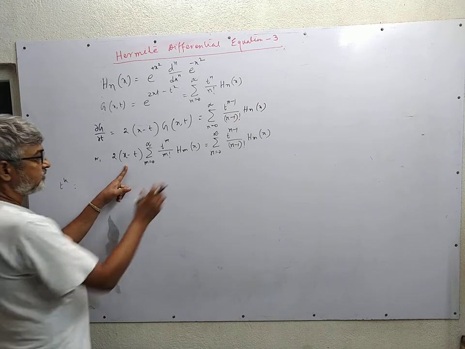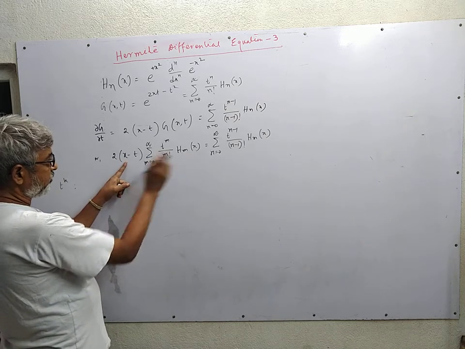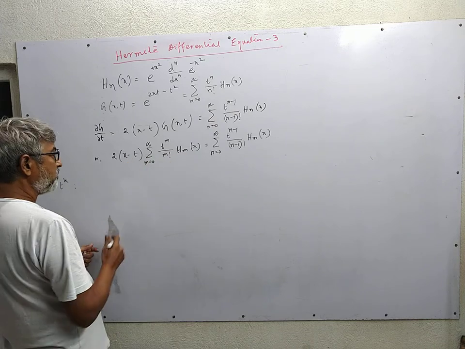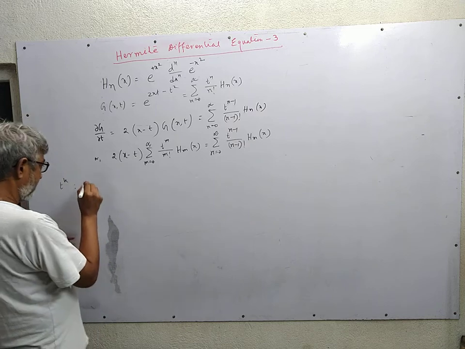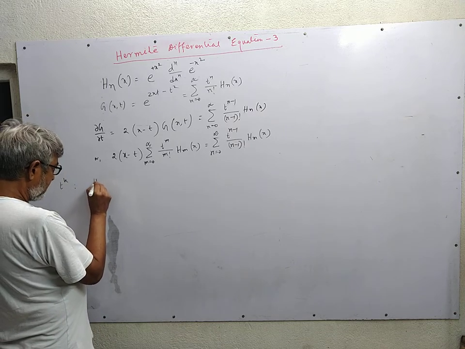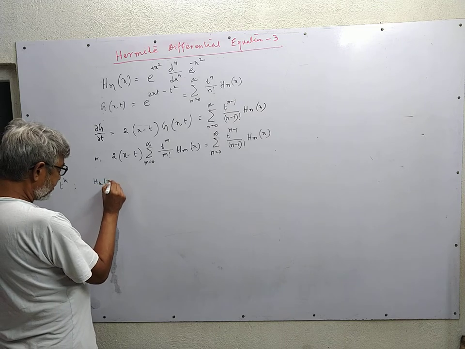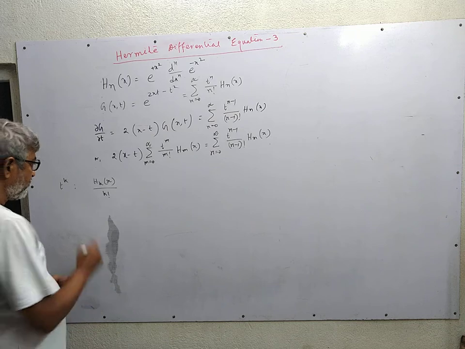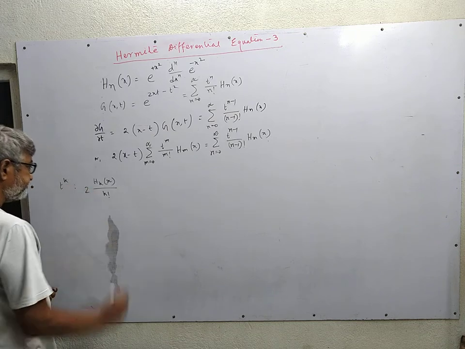So this term, when multiplied by x, will contribute to t to the power k when n is equal to k. So this is Hk of x by k factorial, and obviously there is 2.